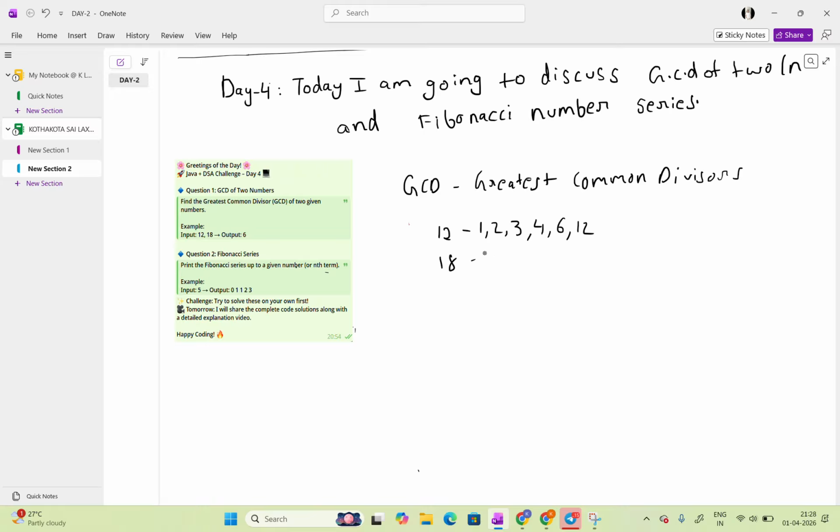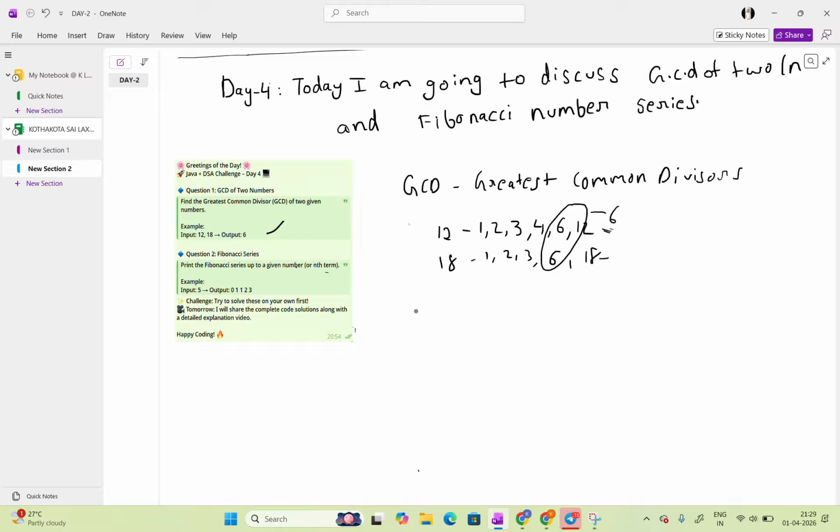Can we say the factors of 18? 1, 2, 3, 6, 18. In both, the common factors, the common divisors, what is the highest common divisor? The highest common divisor is 6. So that is the reason we got the answer 6.